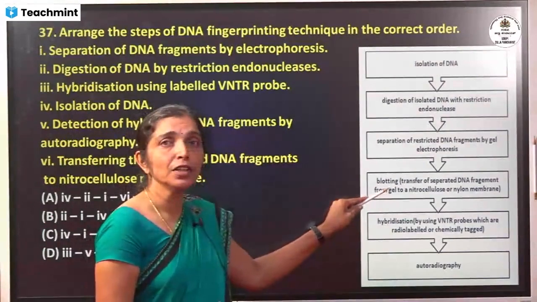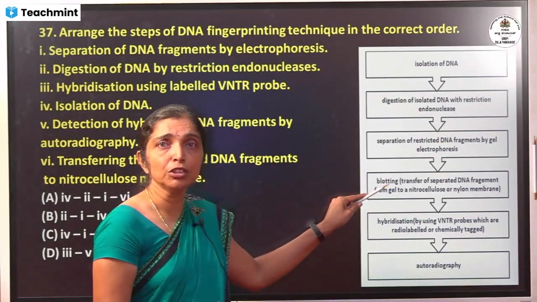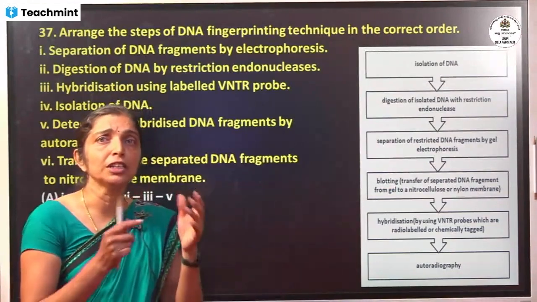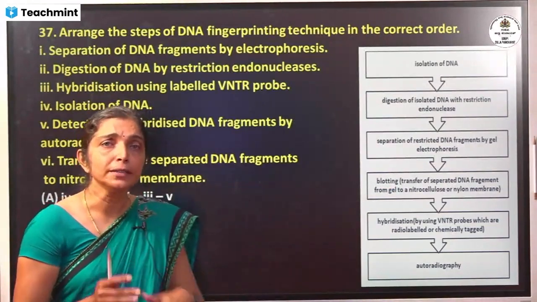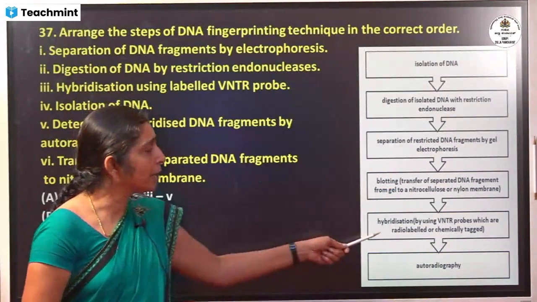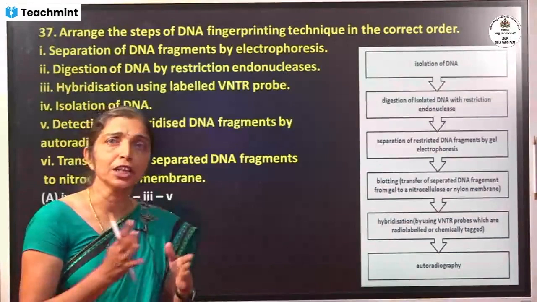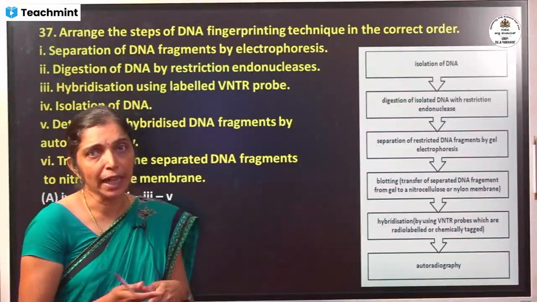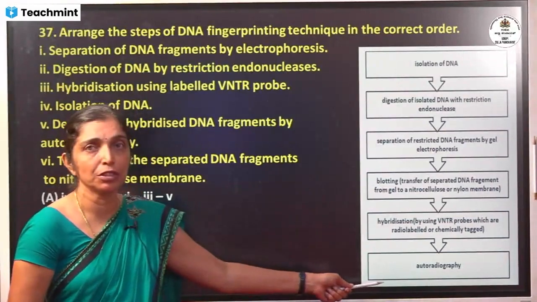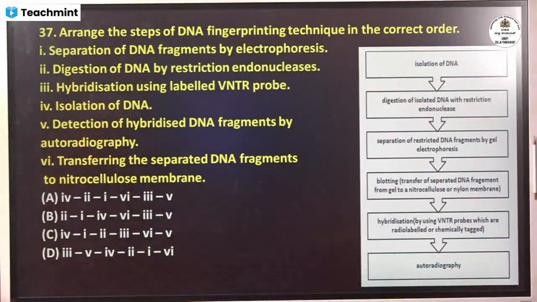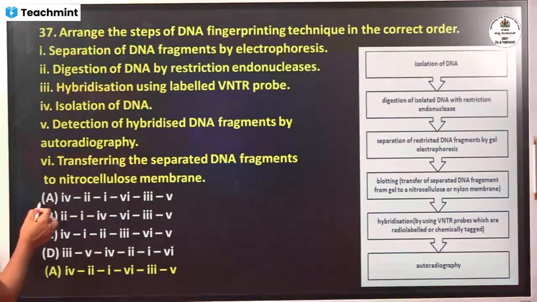Then we have blotting, which is the transfer of separated DNA fragments from the gel to a nitrocellulose or nylon membrane, followed by hybridization using your VNTR probes, which are radio labeled or chemically tagged, and ultimately you go for autoradiography. So the sequence begins with isolation of DNA and ends with autoradiography. The right option is A.